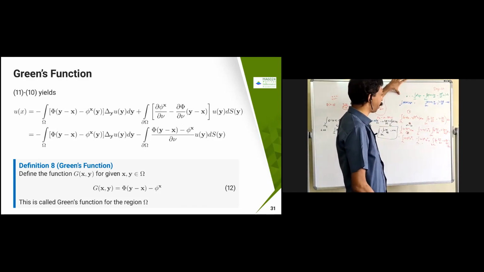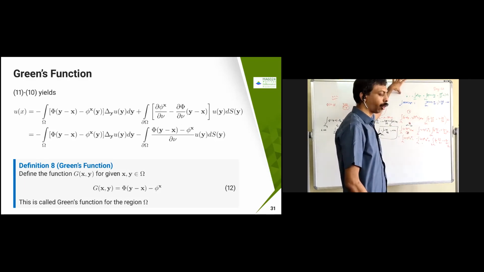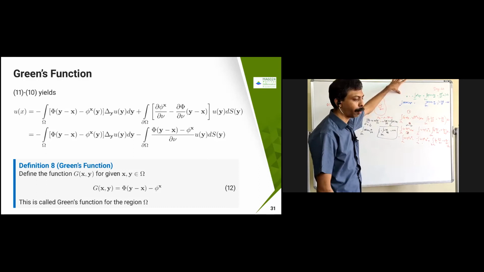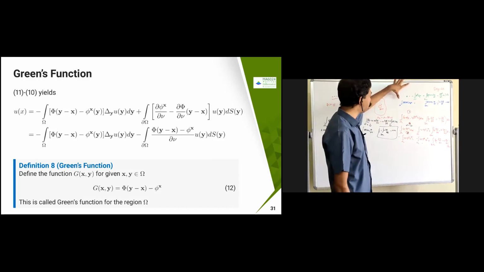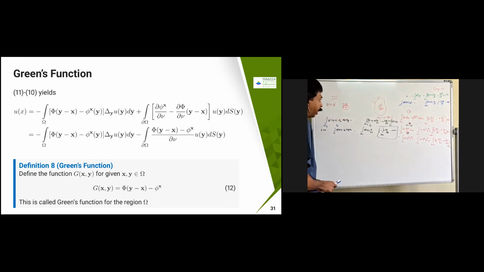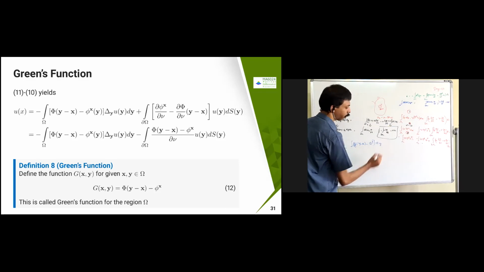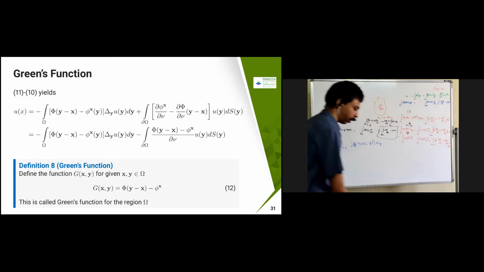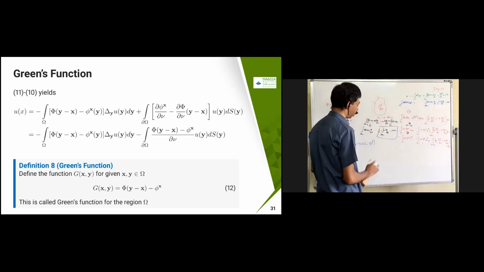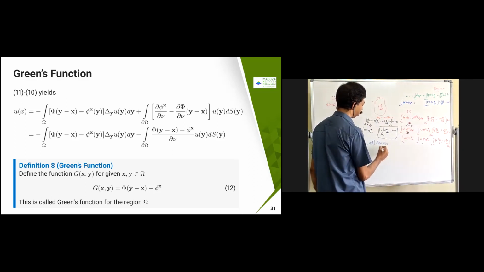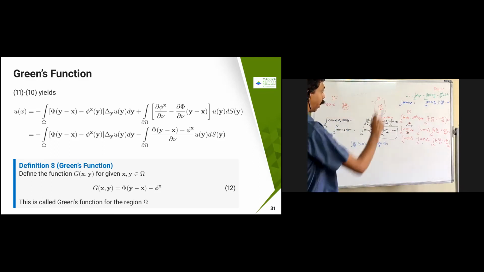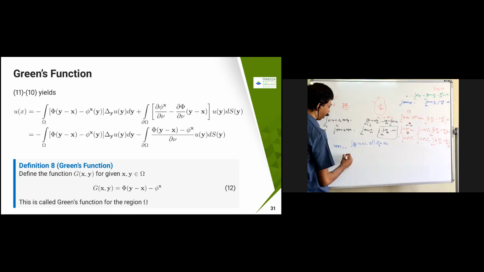If you subtract 11 minus 10, you are going to get u of x becomes minus the integral over omega of π of y minus x minus π x into Δu dy.